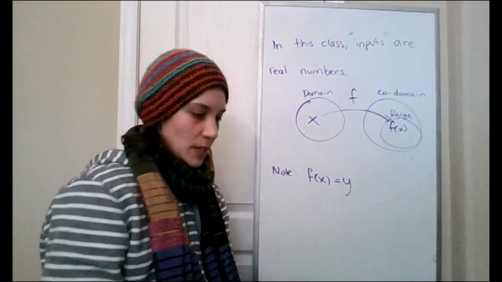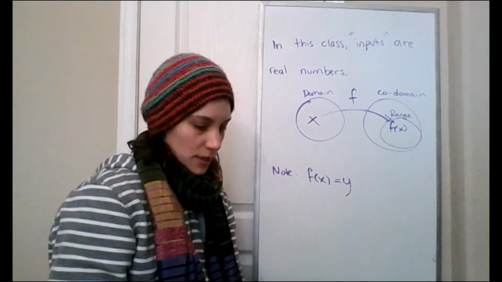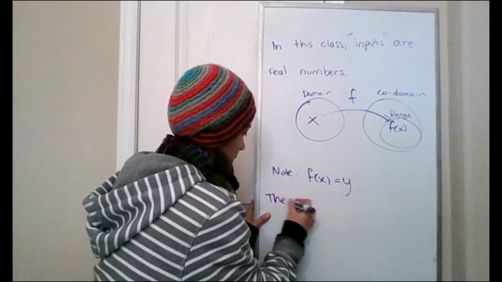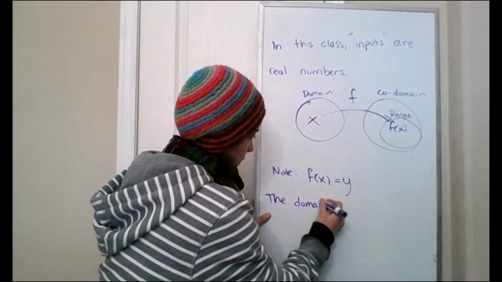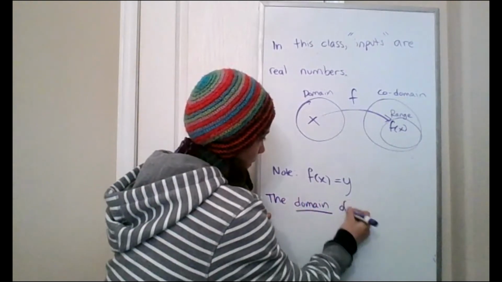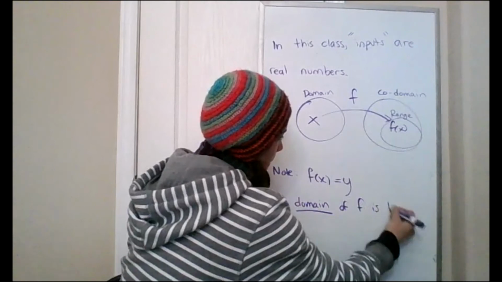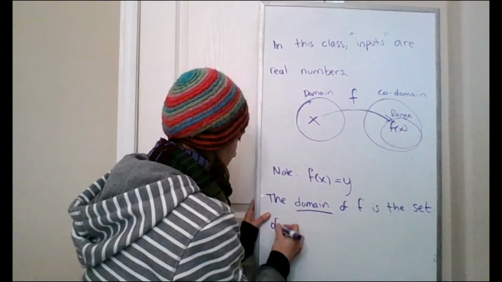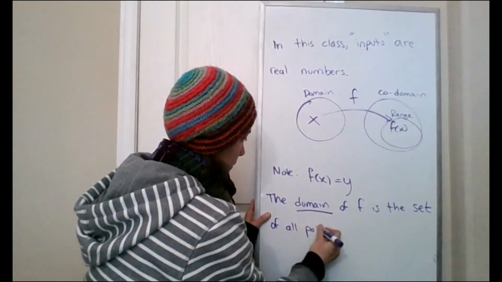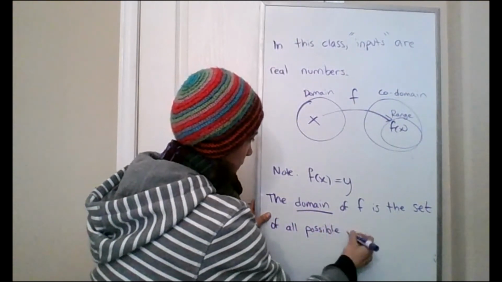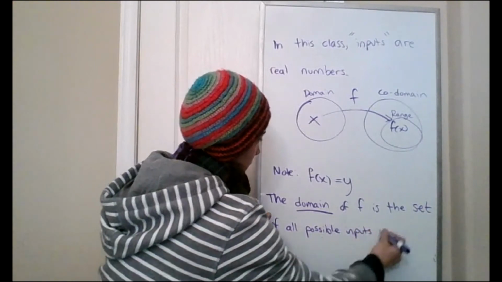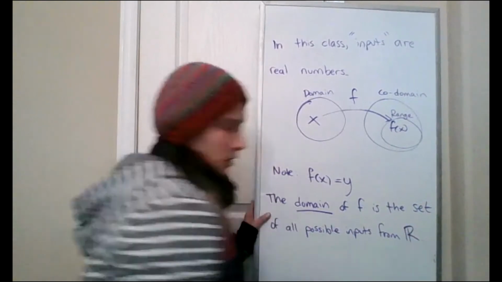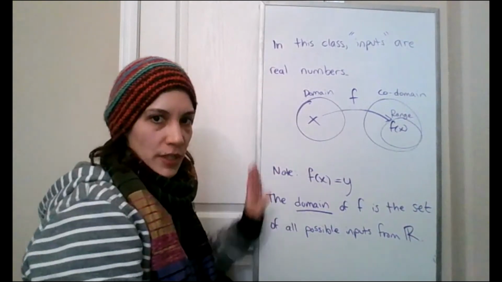So the domain of f is the set of all possible inputs from R. So all possible real numbers that you can put into your function f.